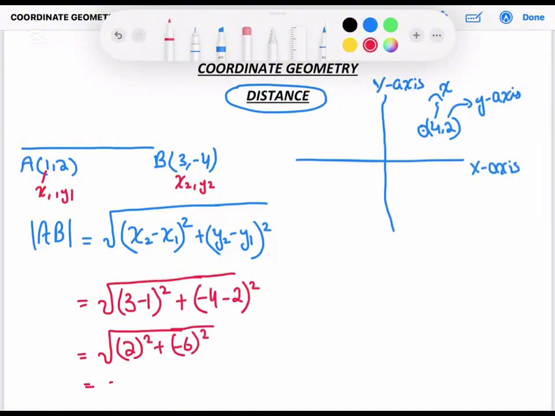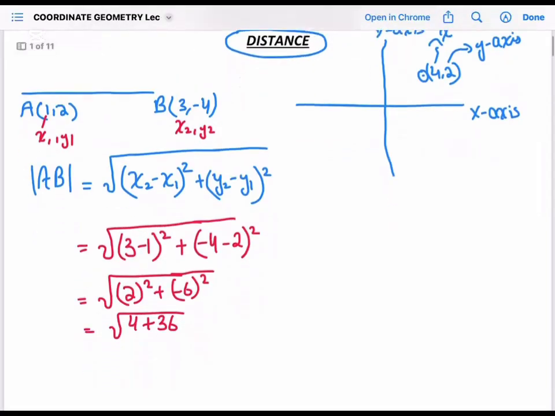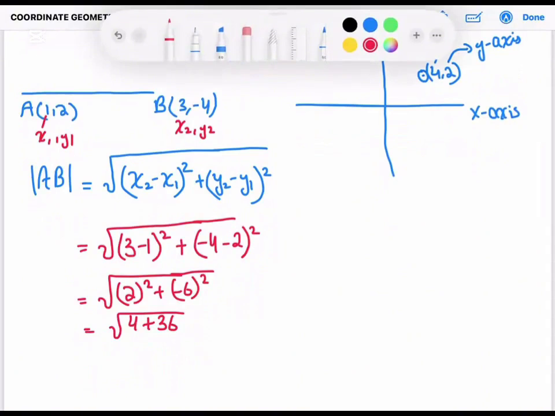So 2 square is 4 and 6 square is positive 36, because the even power will change the negative sign into positive. So now this will become root 40. If I simplify this, it will become 2 root 10. So this will be the length of AB.